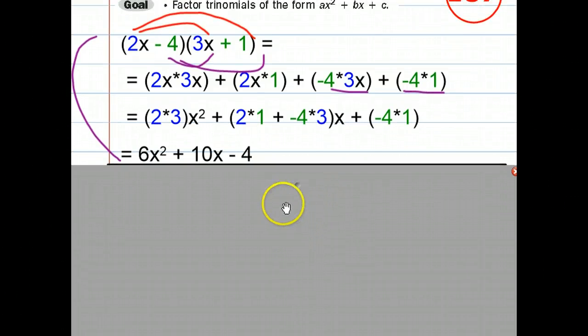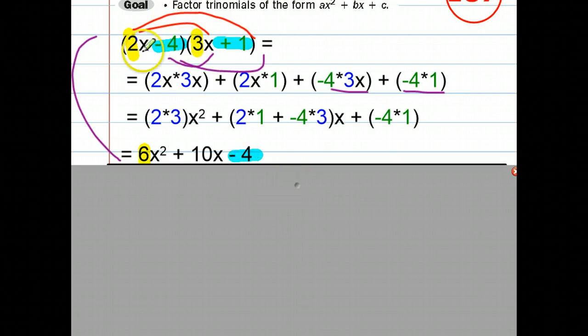But in general, we have a pattern that we see, that the numbers that we multiply by to get 6 are the first two terms of each binomial, and the numbers we multiply by to get the negative 4 are the last two terms of each binomial.